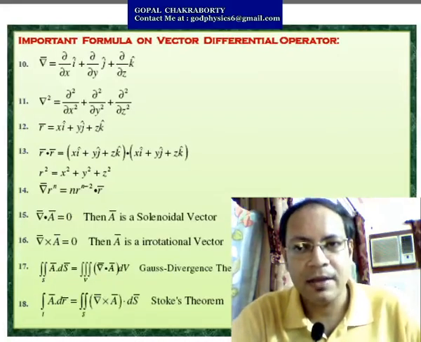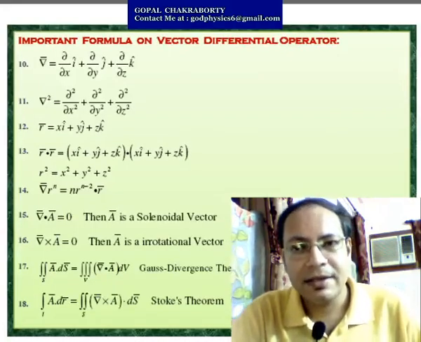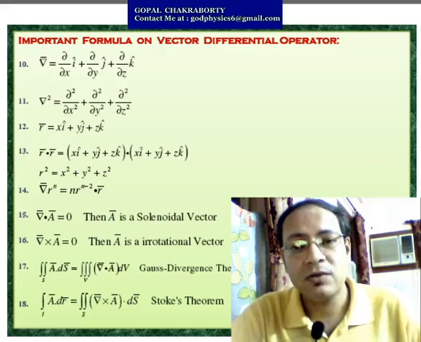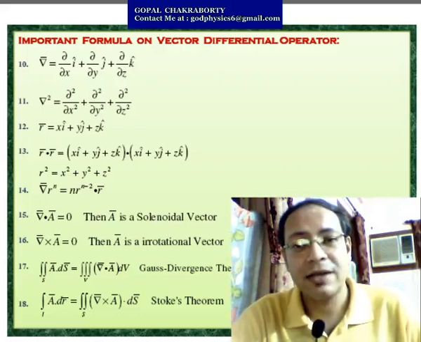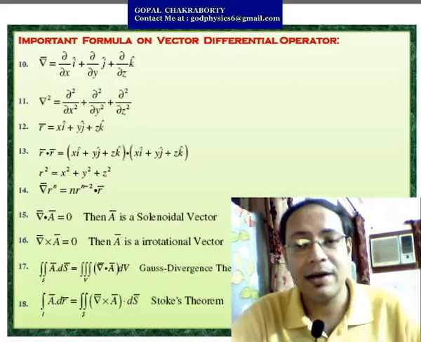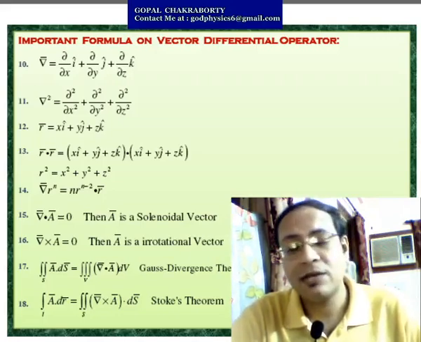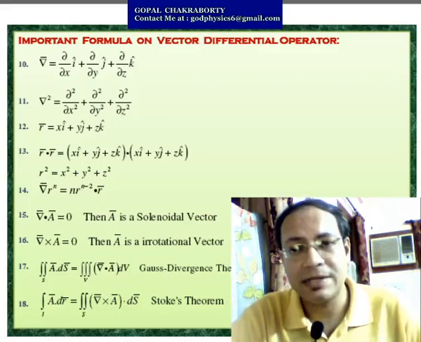Next, 10, that is the value of the vector differential operator. It's a 3-dimensional operator. So del square, that means grad square, which is the Laplacian operator, equals del 2 del x2 plus del 2 del y2 plus del 2 del z2.